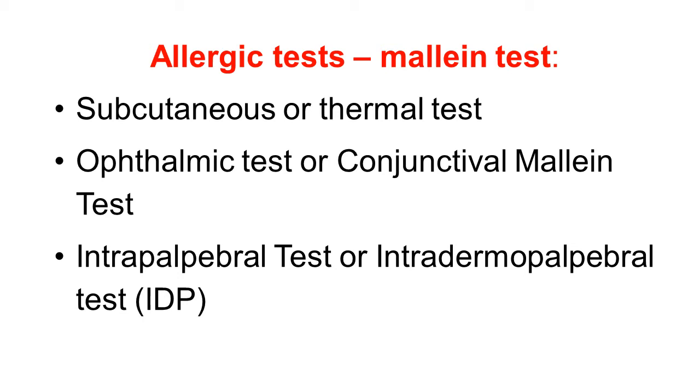There are various allergic tests, called the mallein test. They are just the same as the tuberculin test, Johnin test, and so on. Here three tests are very important: the subcutaneous or thermal test, the ophthalmic test or conjunctival mallein test, and the third is the intrapalpebral test or intradermopalpebral test, popularly known as the IDP test.